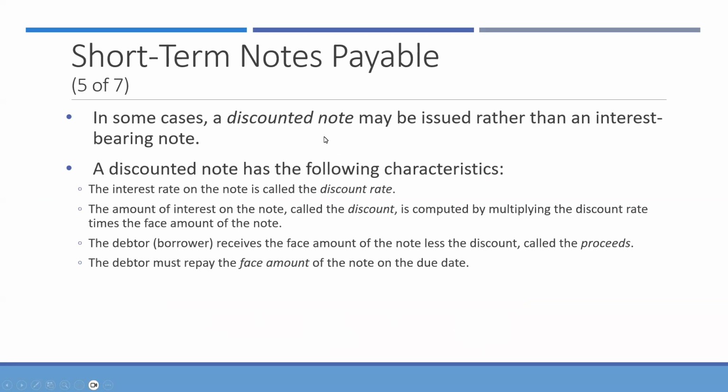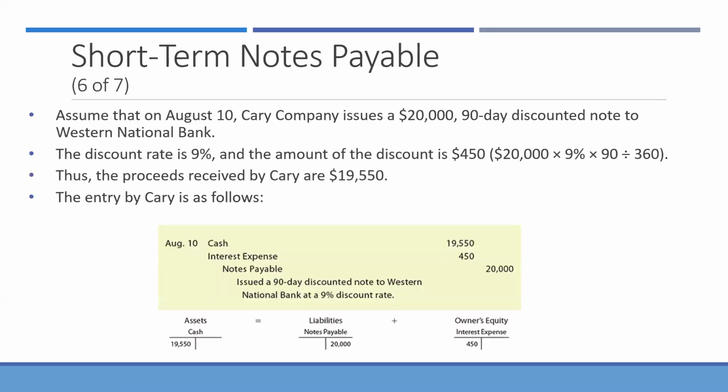This is really common in practice, even for short-term government notes like treasury bills that are due in 90 days. They're provided at a discount, and there's not actual interest that's paid over time. It's all just paid at the end, and it's all implied.